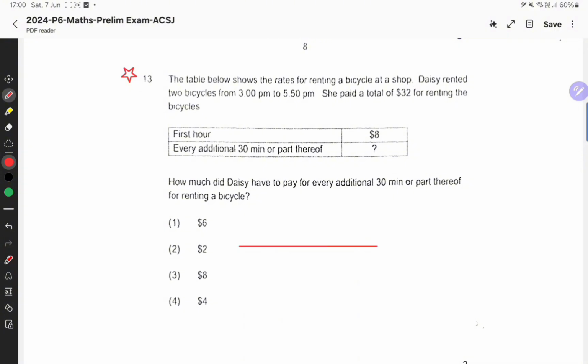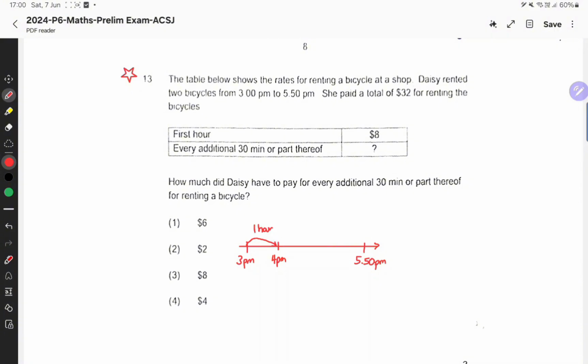So step 1, we're going to draw a timeline. We have from 3 p.m. all the way until 5:50 p.m. The first hour is $8, so 4 p.m. here, from here to here is 1 hour.